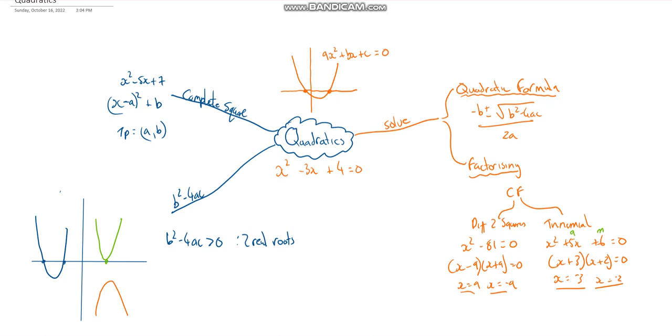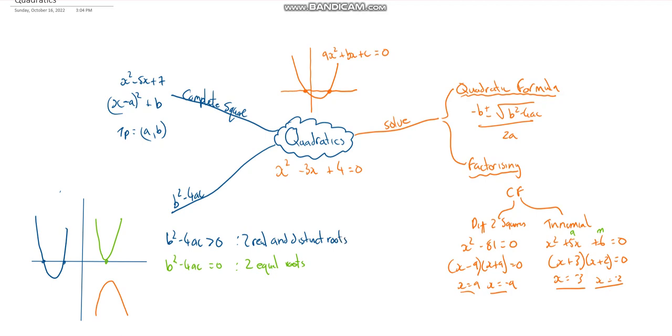The green one, that's when b squared minus 4ac is equal to 0, and that's got two equal roots. I should probably change the top one to say two real and distinct, i.e. they're both different.